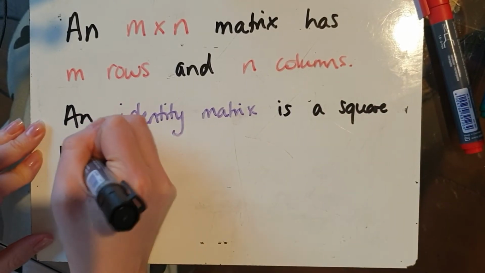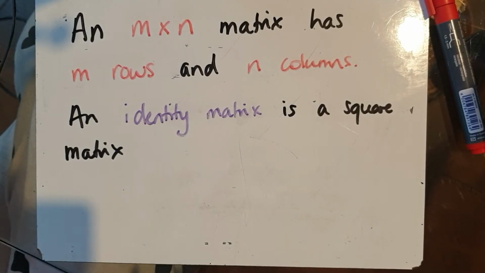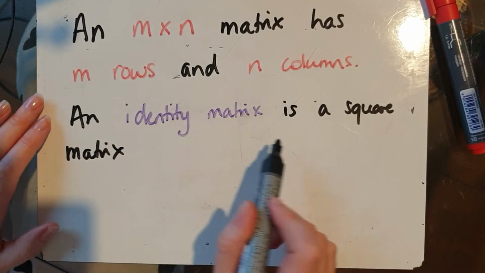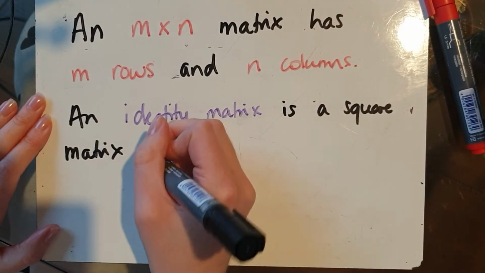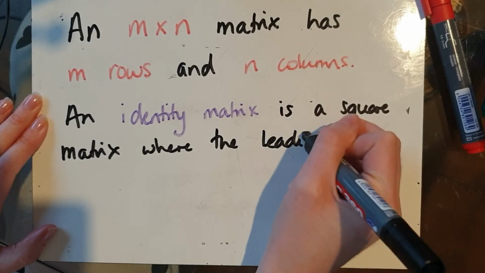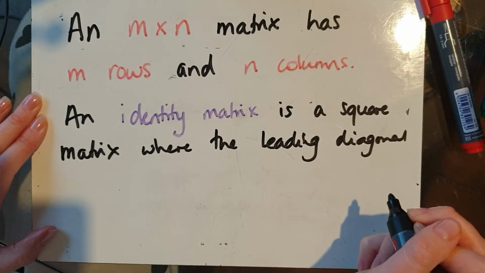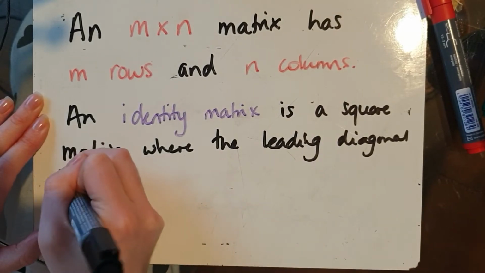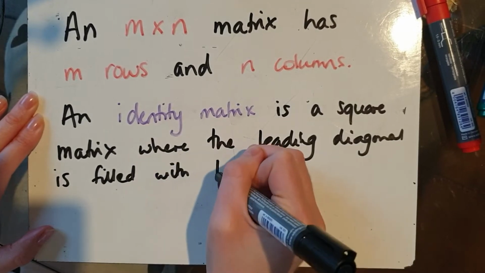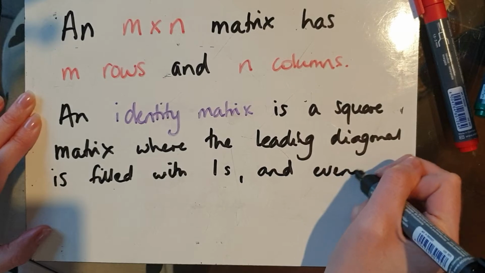So a 0 matrix can be rectangular, but an identity matrix can only be square, so it has to have the same number of rows as columns. So an identity matrix is a square matrix where the leading diagonal is filled with 1s and every other entry is 0.